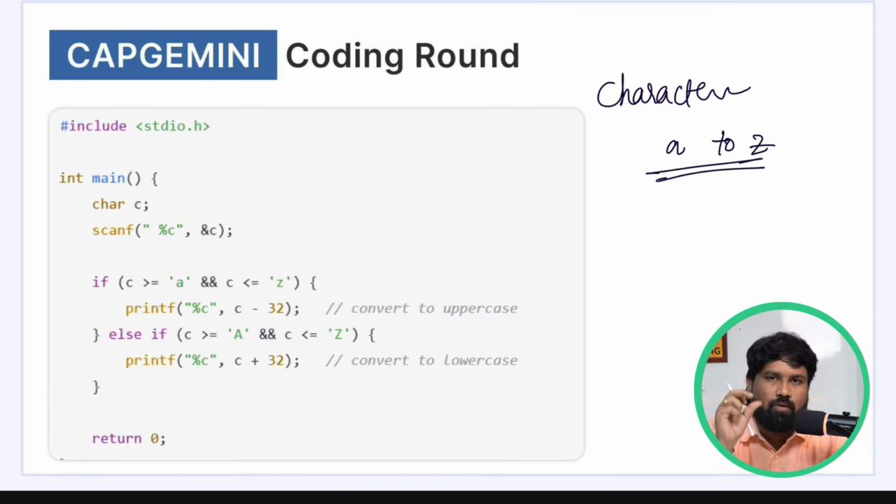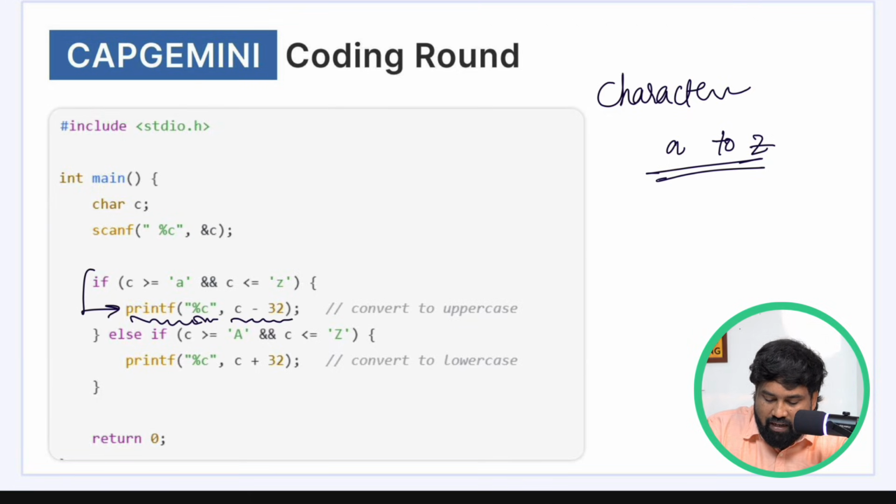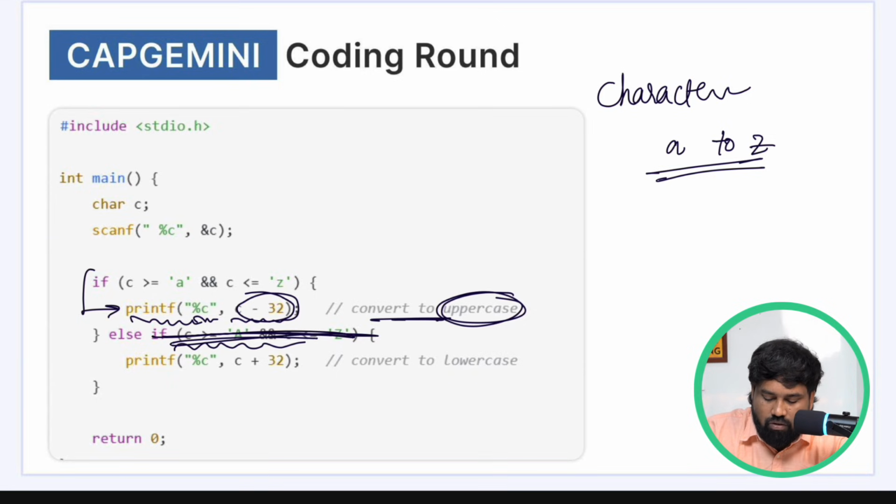Small alphabets, right? The small alphabets need to be converted into capital. So we have to subtract. That's why in the if case we have written printf %c of c minus 32, which means converting to uppercase.